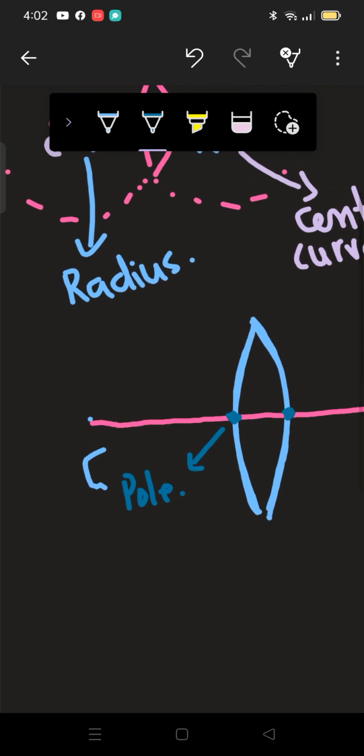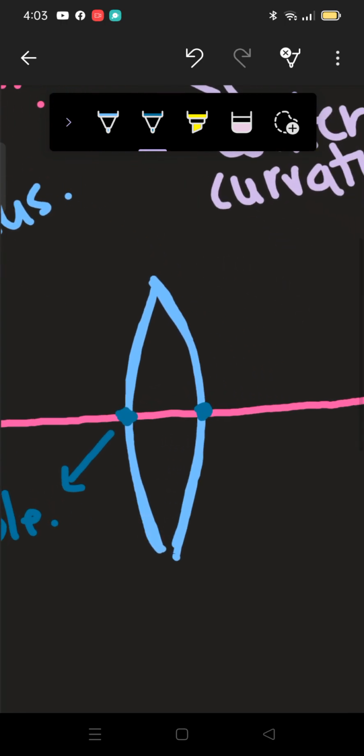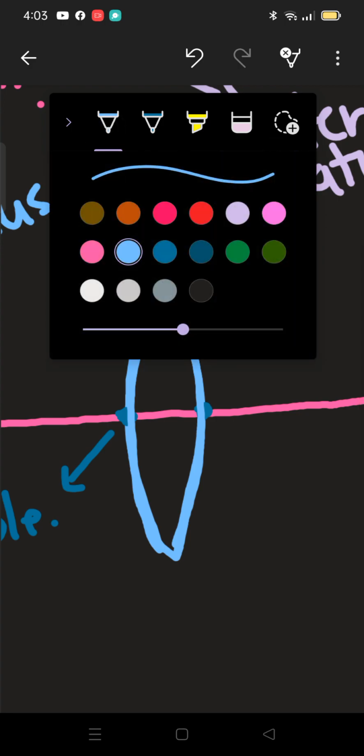Here I am going to tell you another thing as well, optical center. Optical center is the center of the lens, and pole is the center of the spherical surface. As I told you, the pole is the center of the spherical surface. Now optical center is the center of the lens. As you can see here, this whole thing is the lens, and the optical center is the center of this lens.